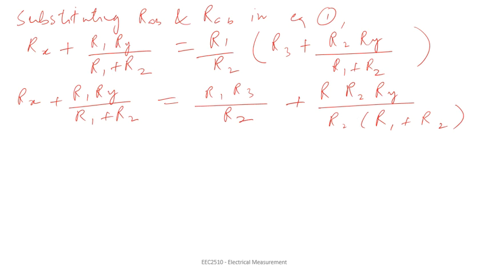From here you can see that this R2 will get cancelled, and this is Ry over R1 plus R2.